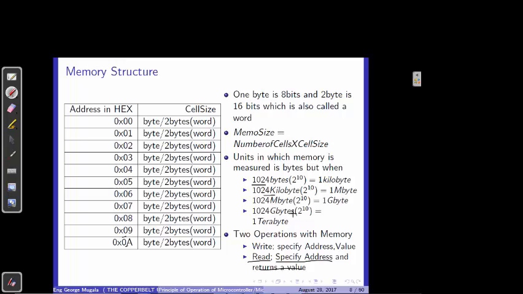Now this is the job of the address bus. Remember there is a CPU and a memory, and this memory is divided into cells.